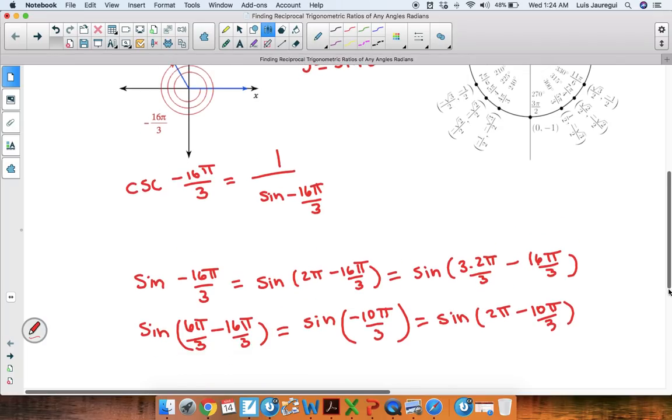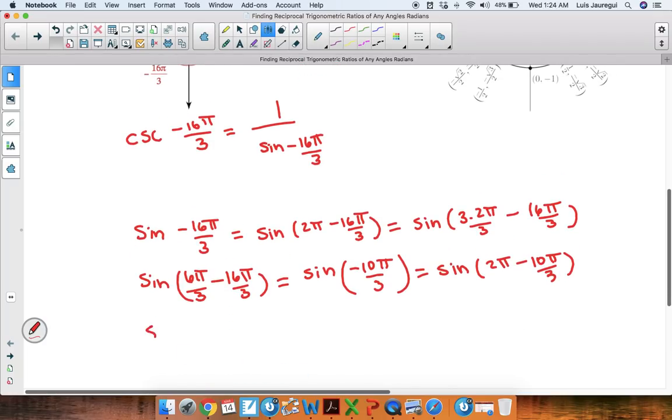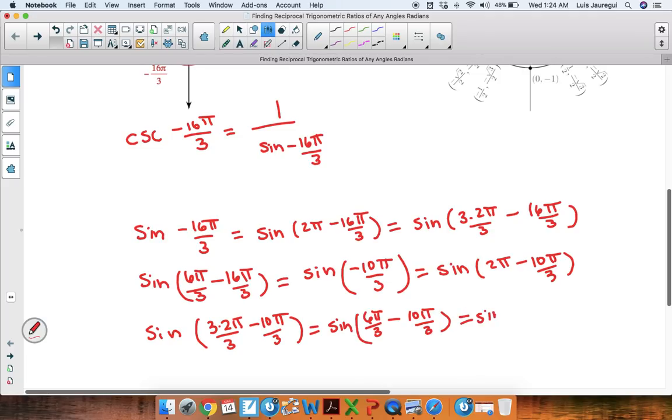Now looking at the common denominator, this can be rewritten as sine of 3 times 2 pi over 3 minus 10 pi over 3. So this is the same as sine of 6 pi over 3 minus 10 pi over 3, which happens to be sine of negative 4 pi over 3.